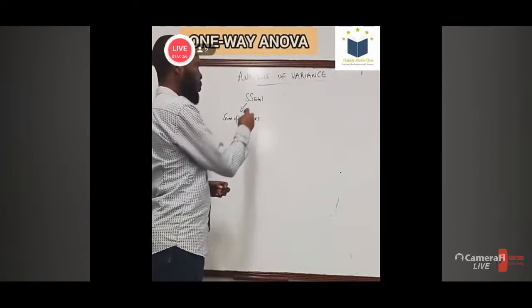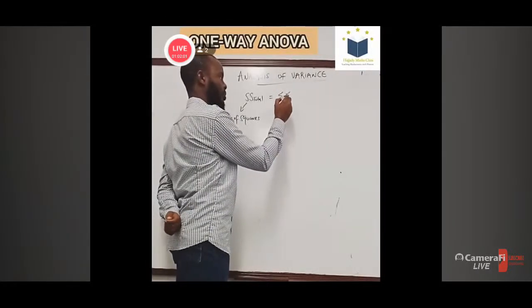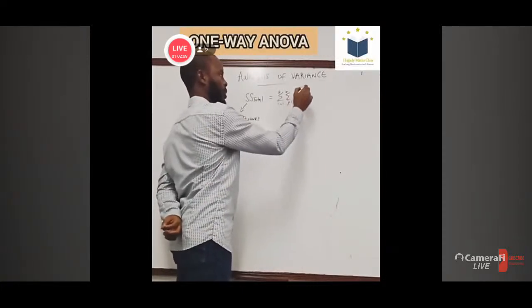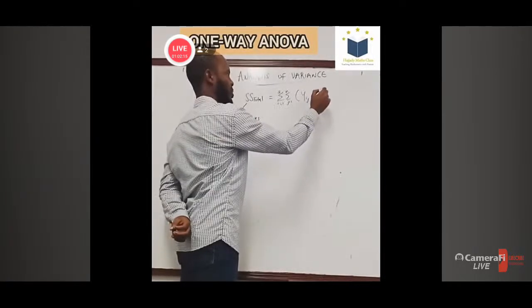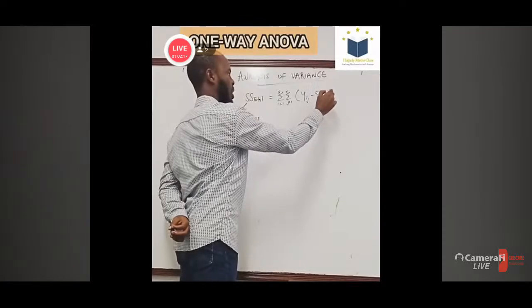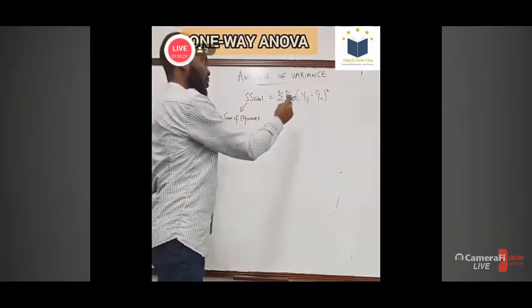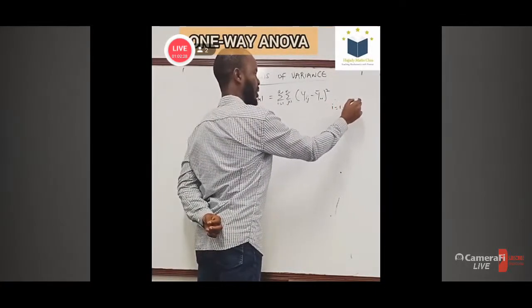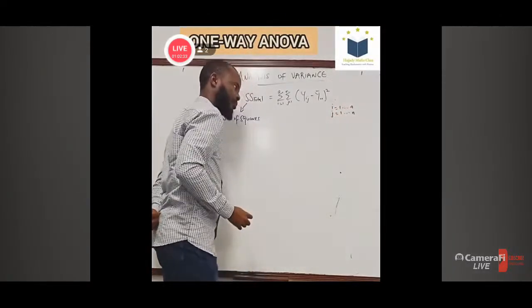treatment, we have our SS total to be double summation, where my i sums from 1 to a, and my j sums from 1 to n, of Yij, which is the individual observation, minus the overall mean, squared. And don't forget that our i sums from 1 to a, and j sums from 1 to n.